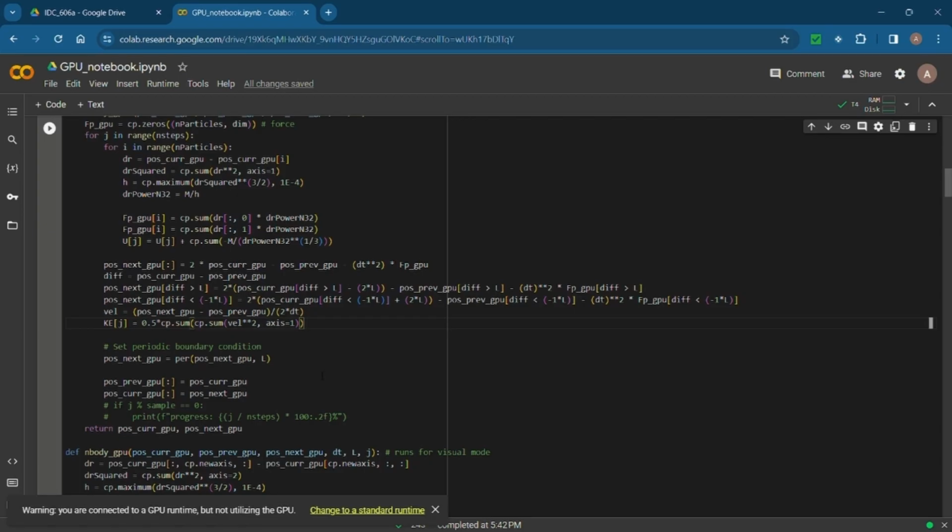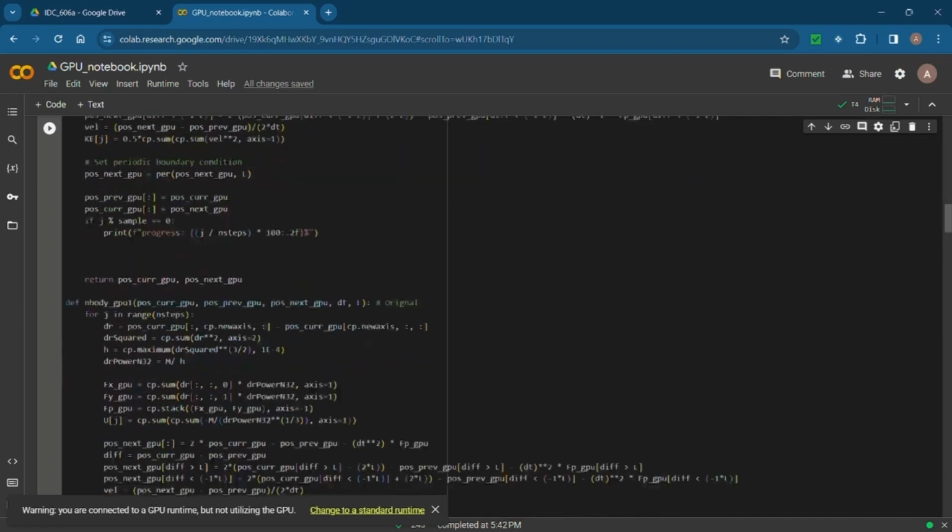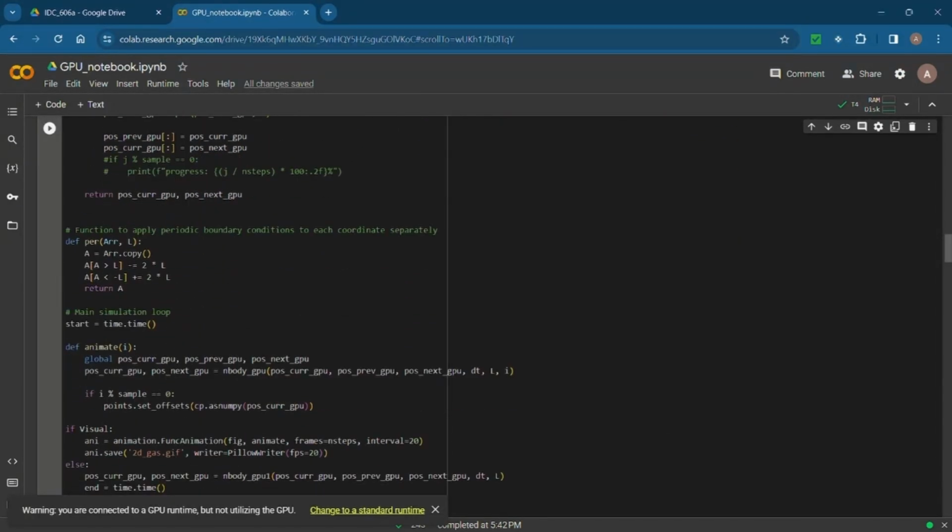So here we then apply the periodic boundary condition, which you can see here. This is a MATLAB function, and it is pretty simple. It takes an array and the size of the box.